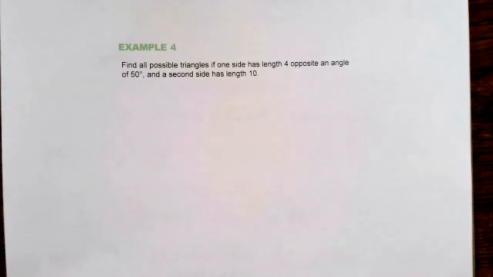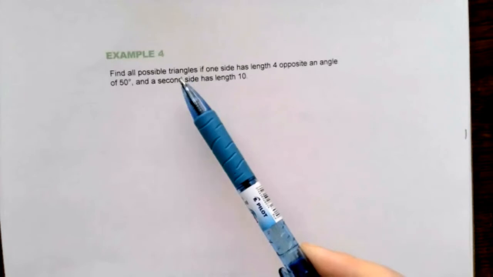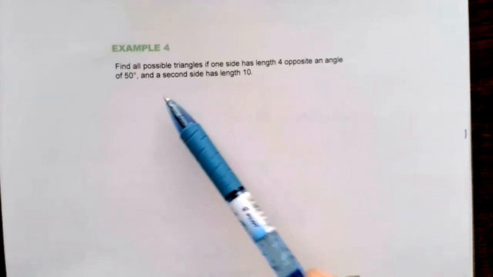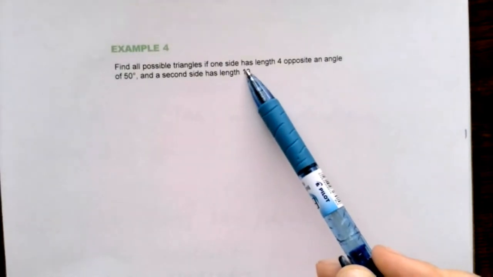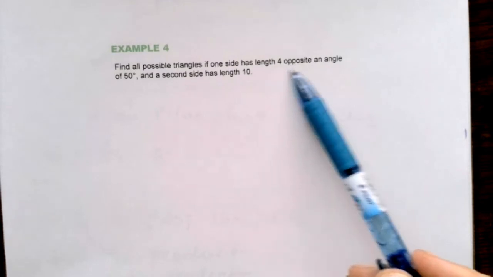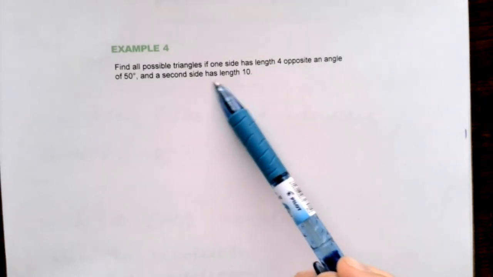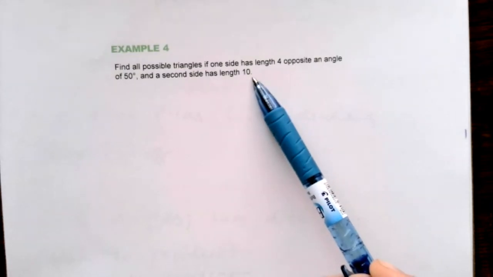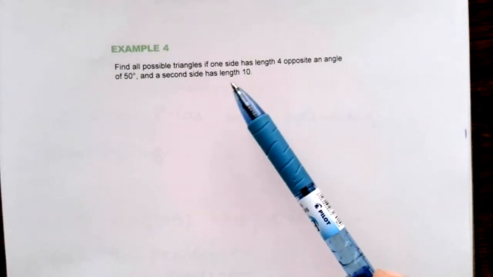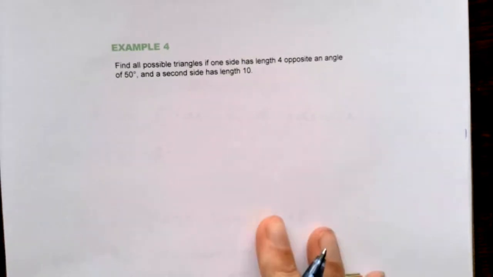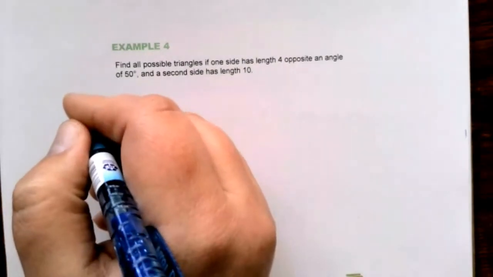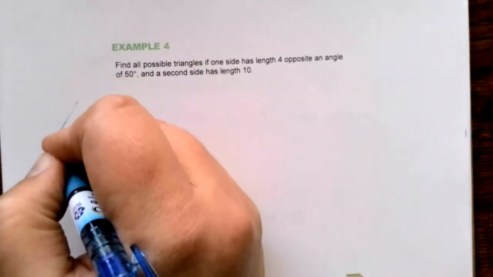And our last example in this video is example 4. Find all possible triangles if one side has a length of 4, opposite angle of 50, and second side has a length of 10. So let's sketch the triangle, see what it could have been.